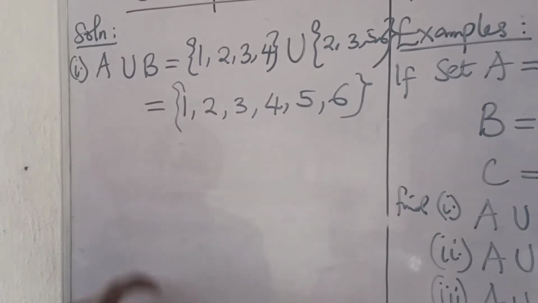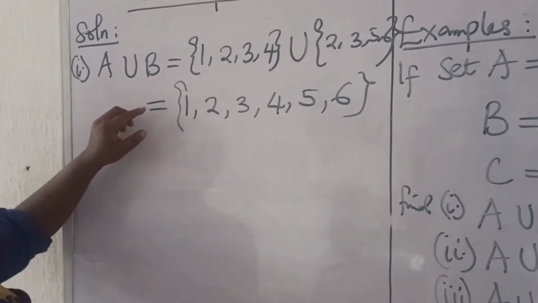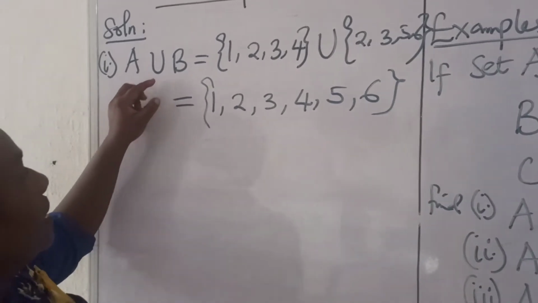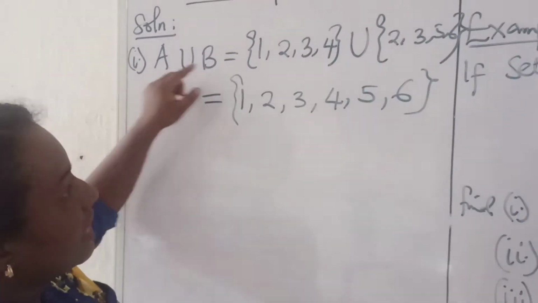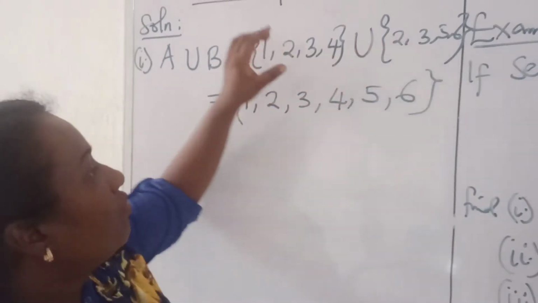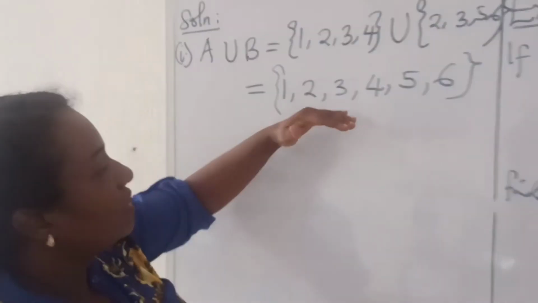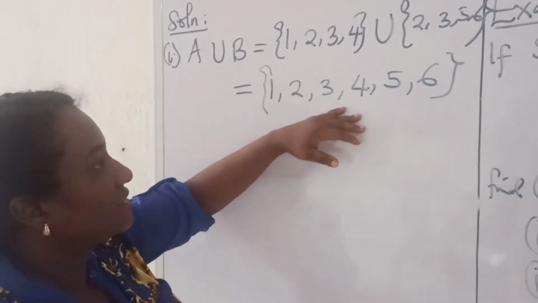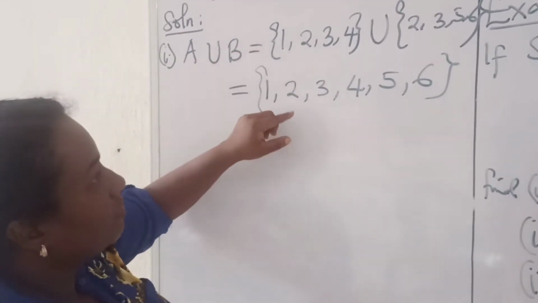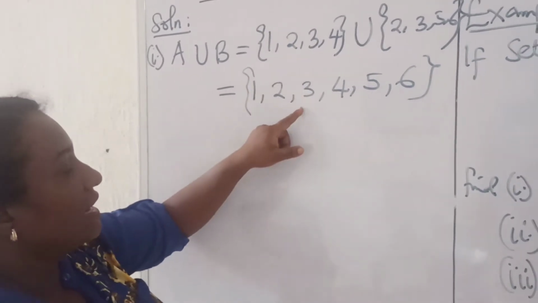We picked the elements that are found in set A and set B. We picked each of the elements and we put them down as another set. We have not repeated any elements.